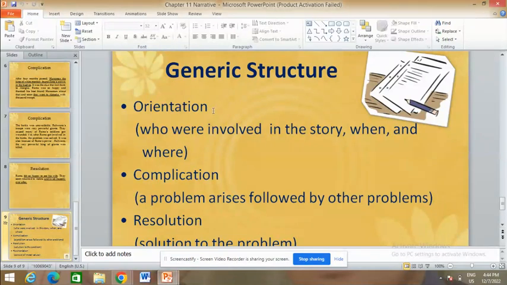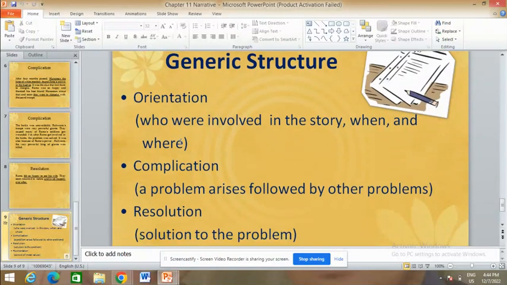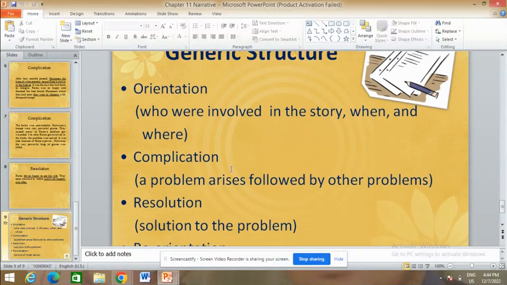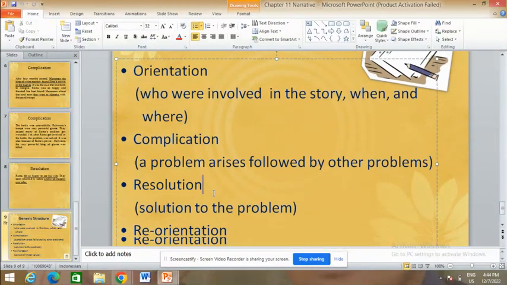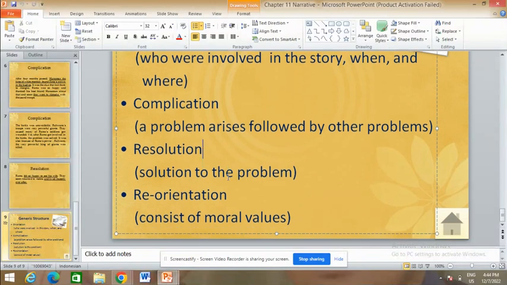orientation, bagian pengenalan, ya, kemudian bagian konflik dan bagian solusi, ya. Dan di sini bisa ditambahkan dengan reorientation atau terdiri dari pesan atau amanat yang bisa kita pelajari dari teks naratif tersebut.